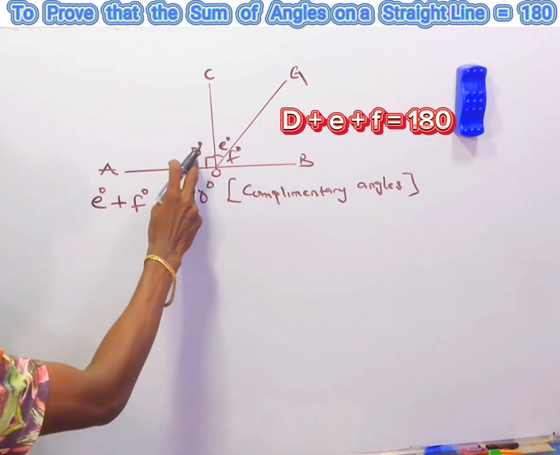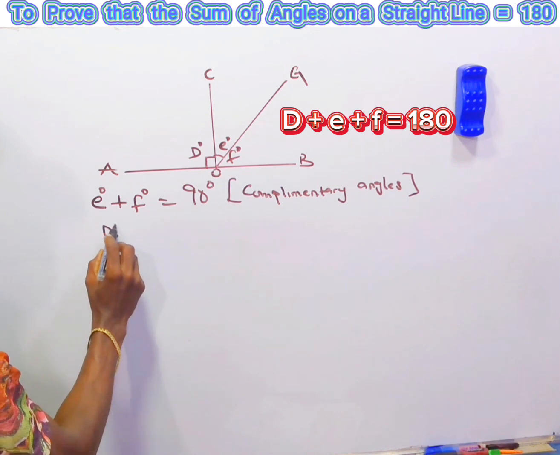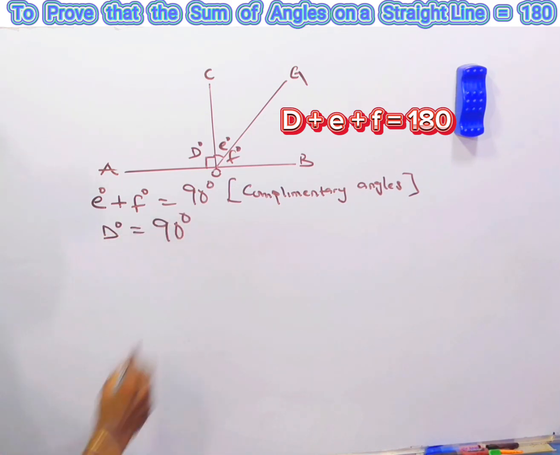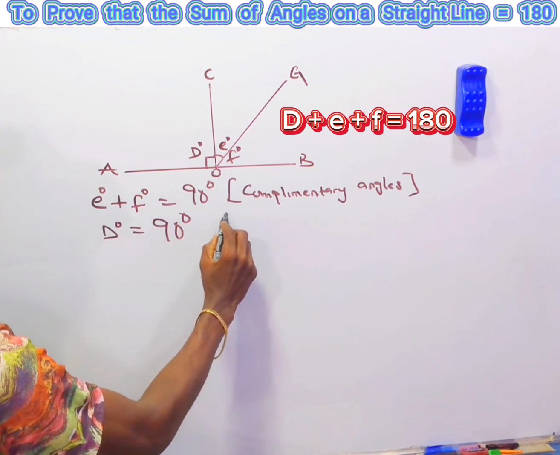Now also angle D is equal to 90 degrees. Why? It is a right angle.